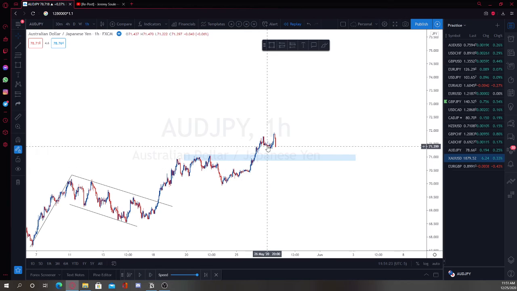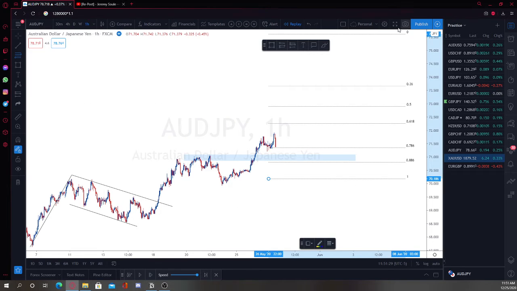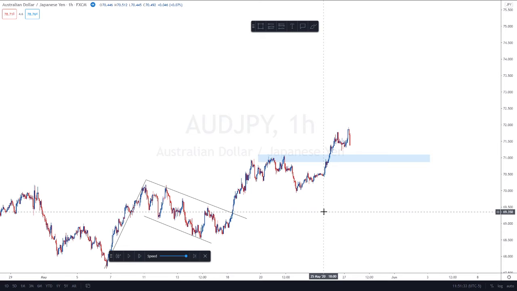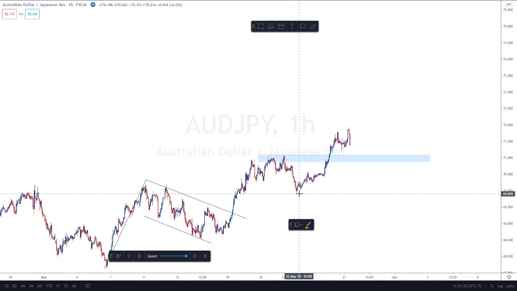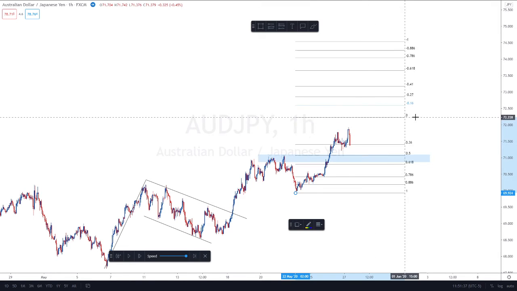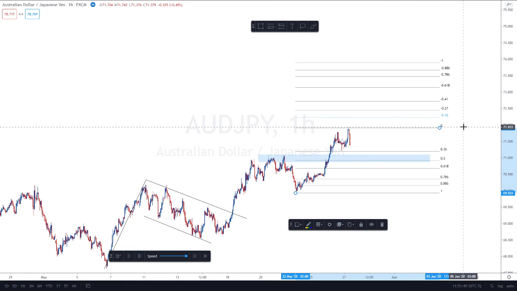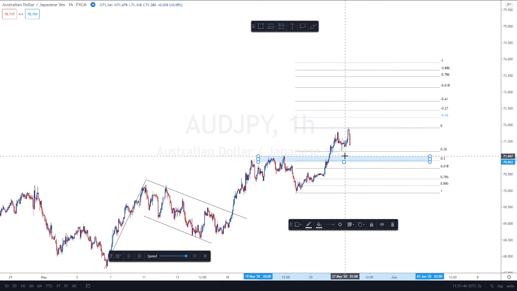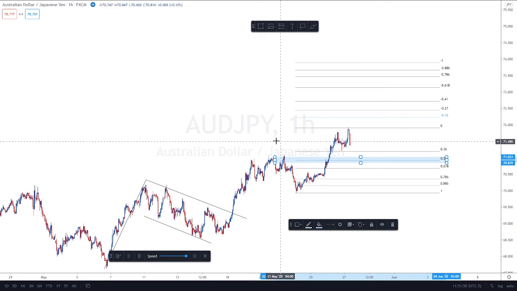What we want to do once our correction has started, or we've noticed some corrective movement, is take our Fibonacci's, start it from the bottom of the impulse, bring it to the top of the impulse, and then we see if our Killzone is laying over one of the Fibonacci levels. If it is, we fine tune it so it's right over that Fibonacci level.